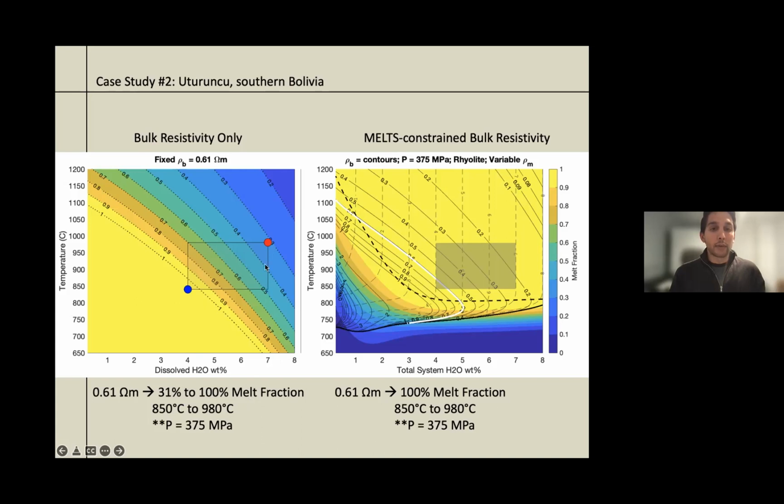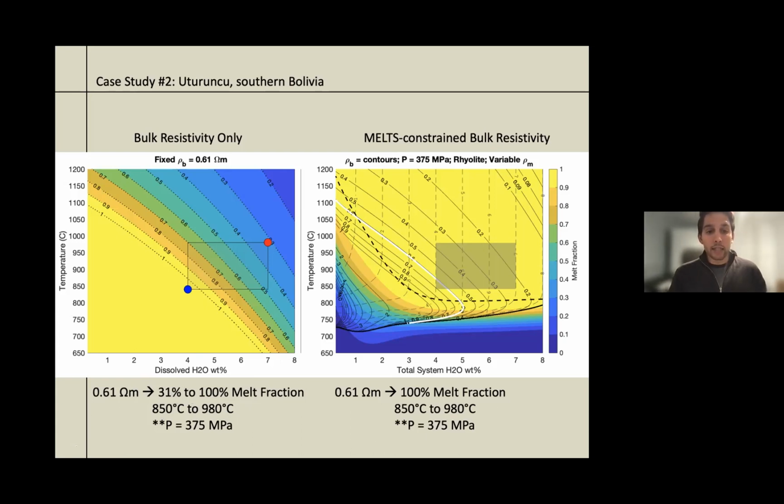And because we're kind of averse to interpreting magma reservoirs as very high melt fractions, it would be probably common to end up stating that, oh, this is around 31% melt. And that's especially true because some of the seismic results from the APMB have shown melt fractions around 25 to 30% as well.